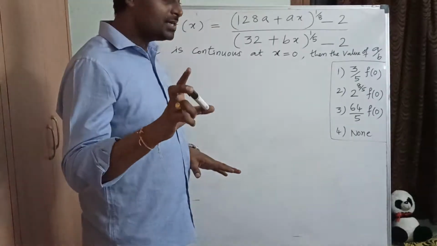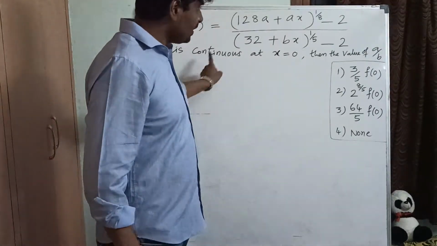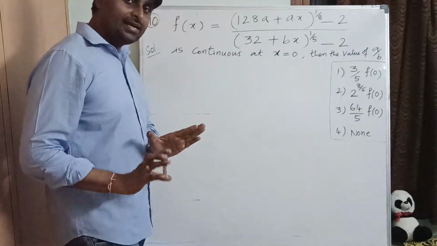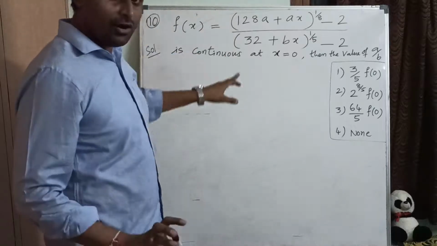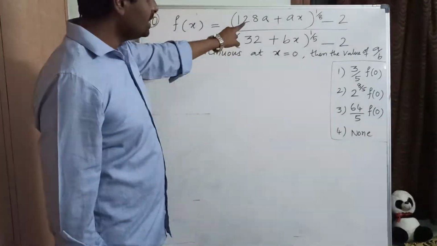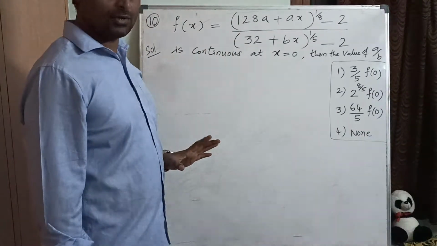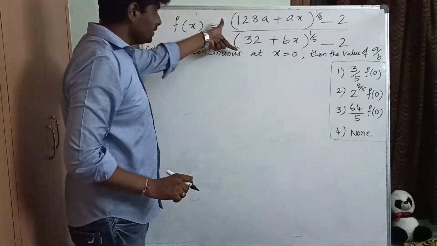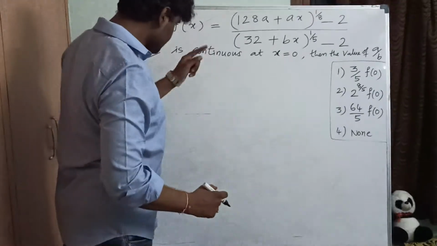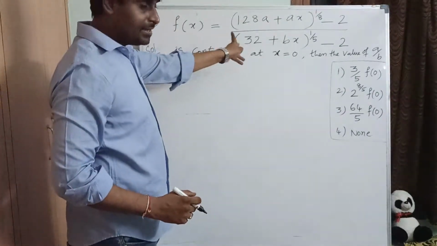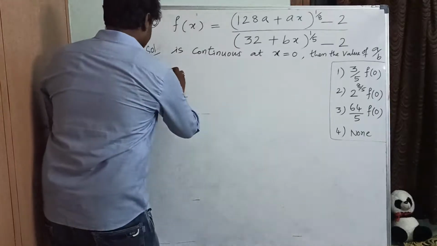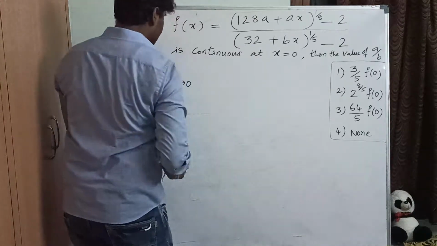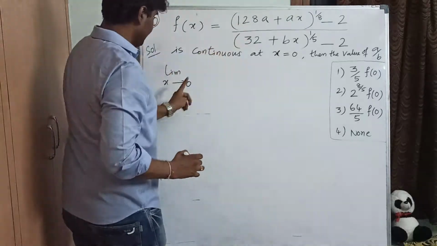Whenever the function is continuous, the limiting value must be equal to the function value, correct? So it is enough to find the limit of this, which is the answer. So first, let us find the limit as x tends to 0.